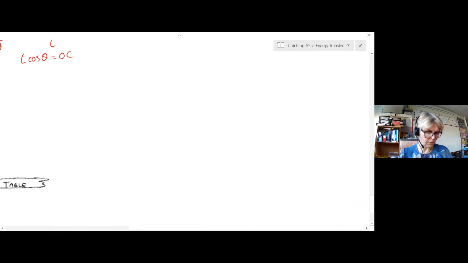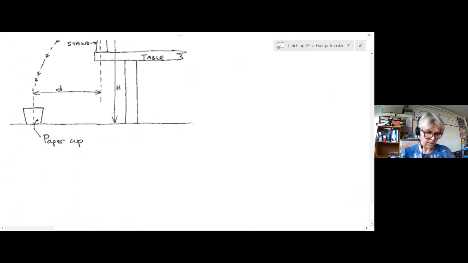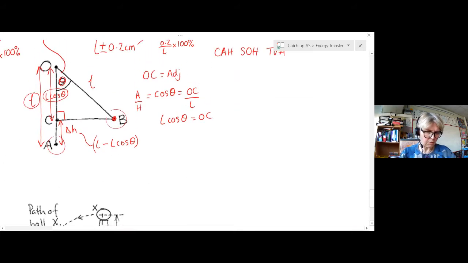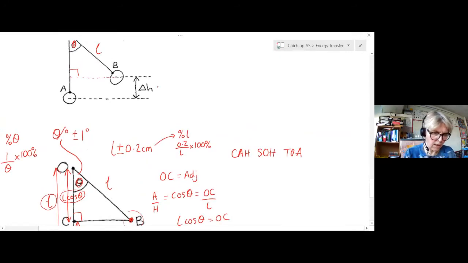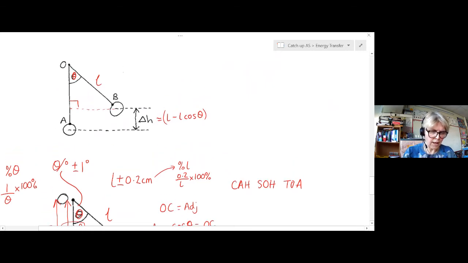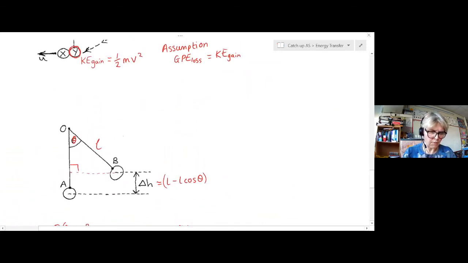Right, so now, if we go back up, we have got the change in height. The change in height is given by L minus L cos theta. Now I'm going to get my equations for gravitational potential energy and kinetic energy and relate the two together. So mg delta h equals half mv squared.